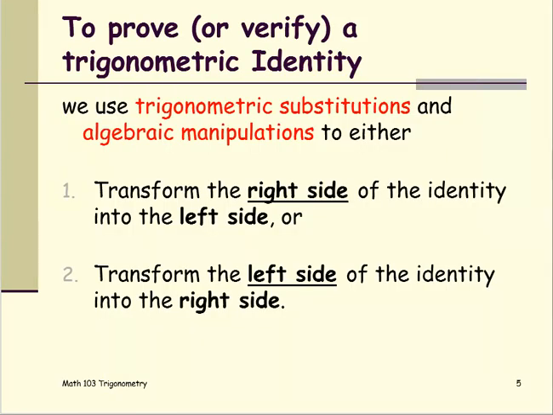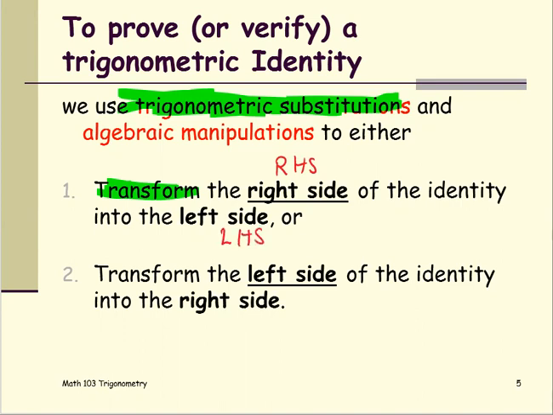The procedure to prove or verify a trigonometric identity: we use trigonometric substitution and algebraic manipulation to either, number 1, transform the right side of the identity into the left side, or start from the left-hand side to show that it's the same as the expression on the right-hand side, one way or the other.